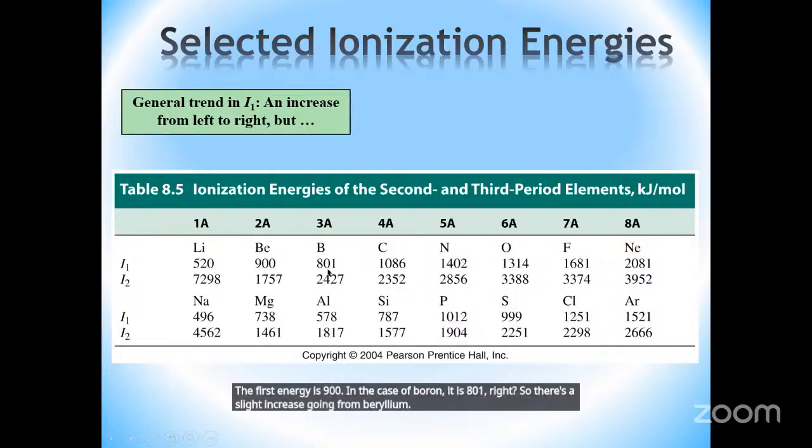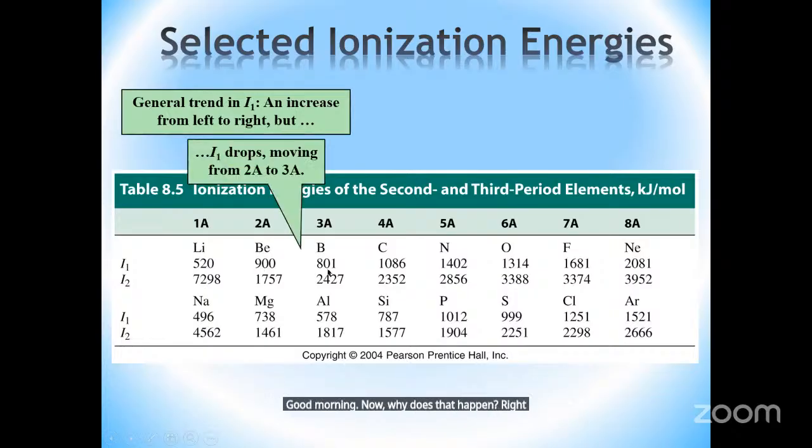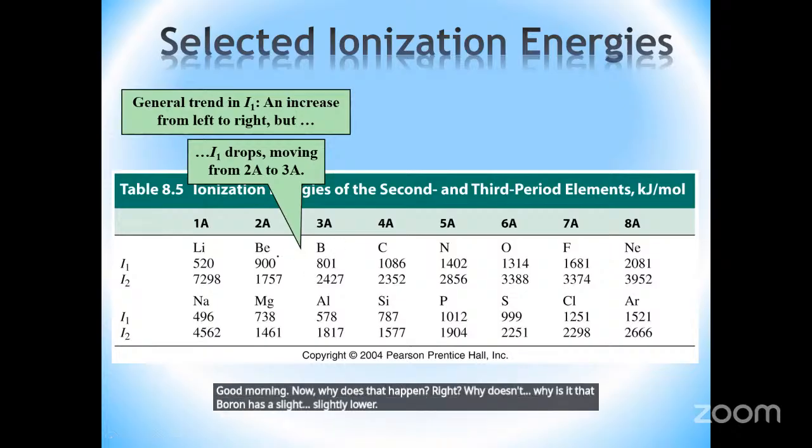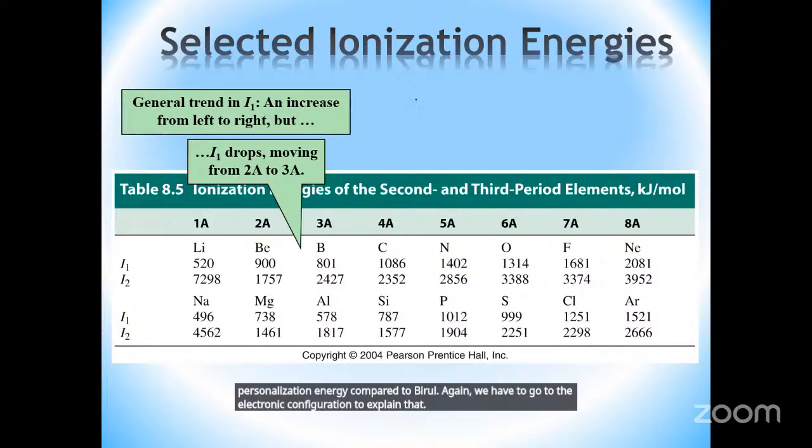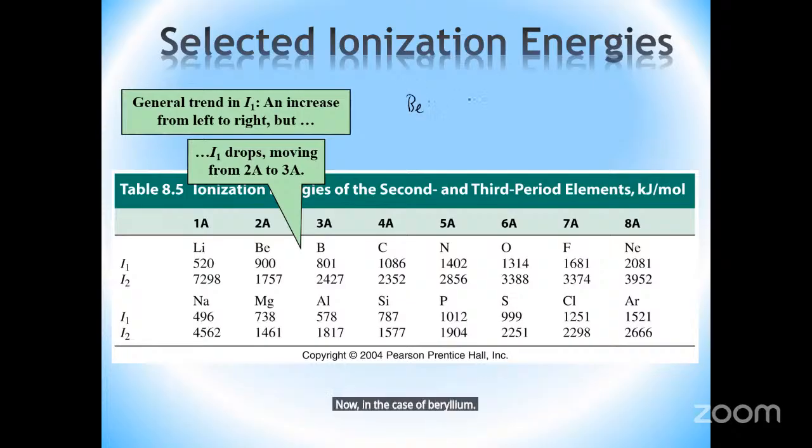Now, why does that happen, right? Why is it that boron has a slightly lower first ionization energy compared to beryllium? Again, we have to go to the electronic configuration to explain that. Now, in the case of beryllium, its electronic configuration is 1s2, 2s2. That's beryllium, right?